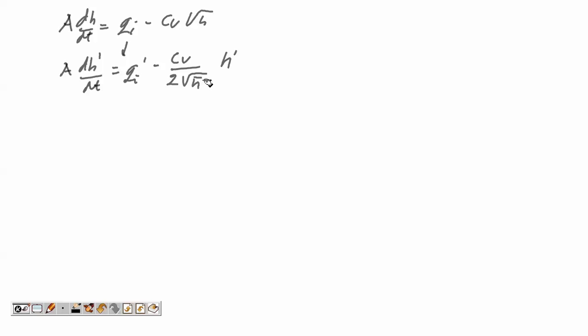Then we can define this part, Cv over 2 square root of h bar, as a constant, and for later study we define it as 1 over R. R is the resistance of the valve.